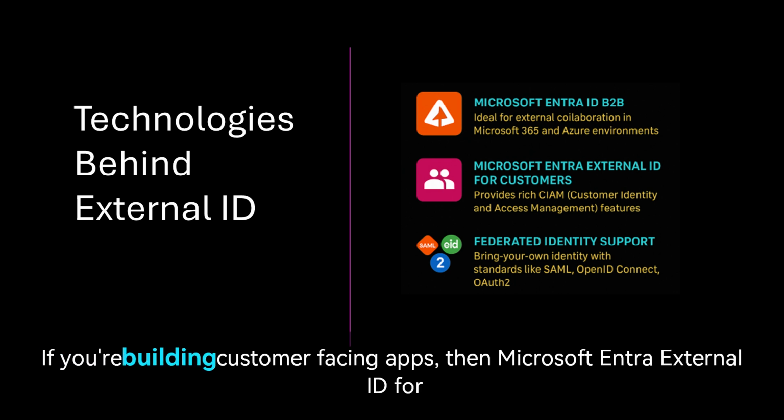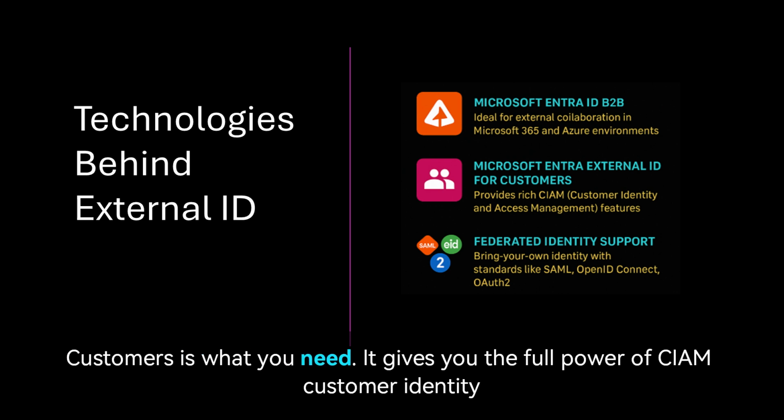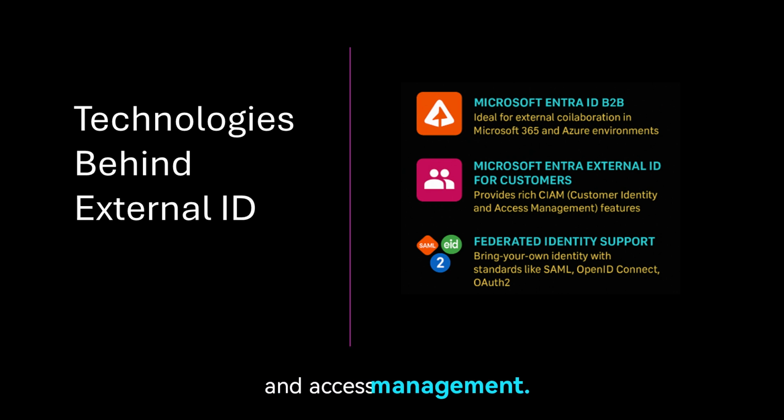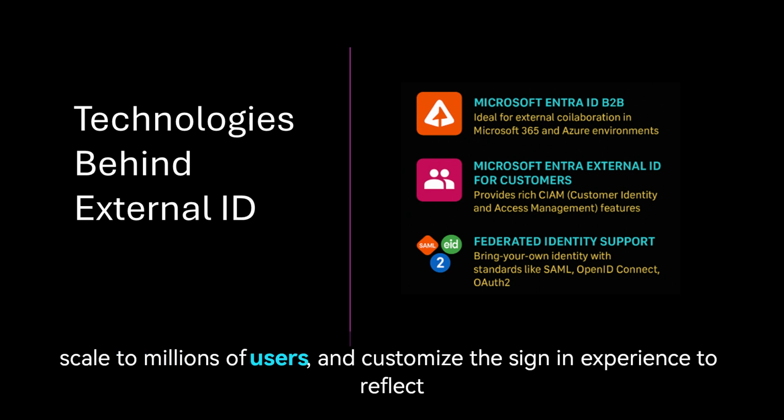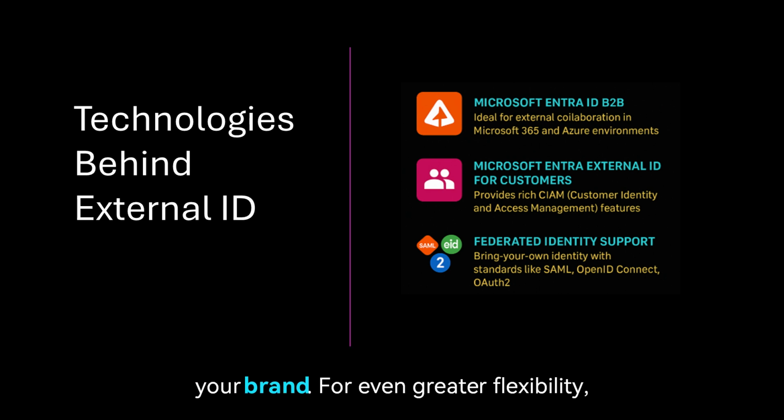If you're building customer-facing apps, then Microsoft Entra External ID for Customers is what you need. It gives you the full power of CIAM, Customer Identity and Access Management. This means you can support a variety of sign-in methods, scale to millions of users, and customize the sign-in experience to reflect your brand.